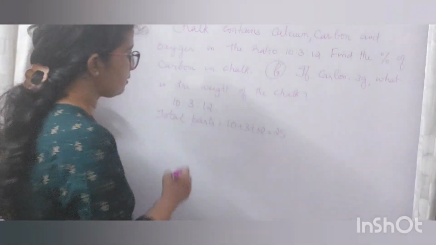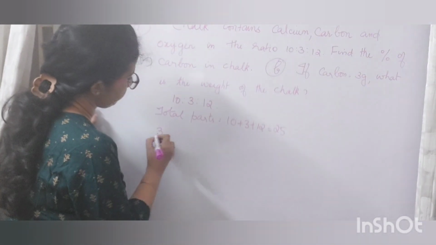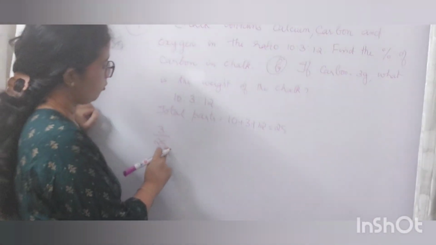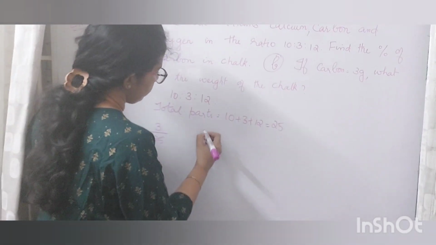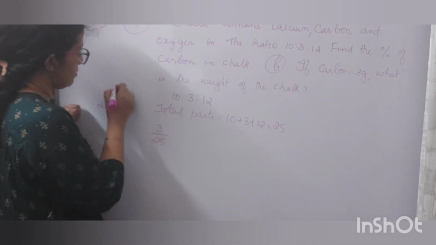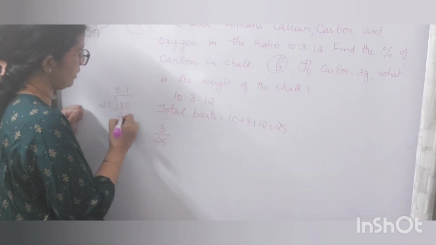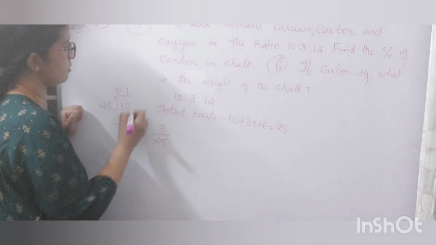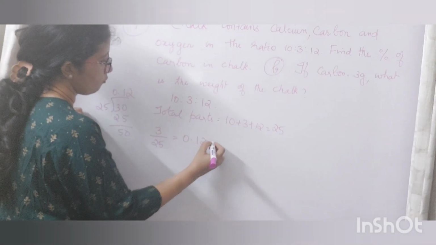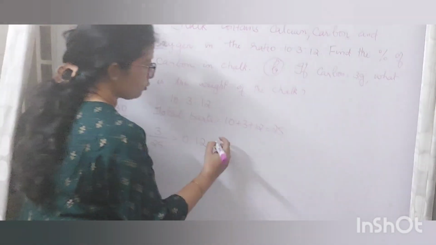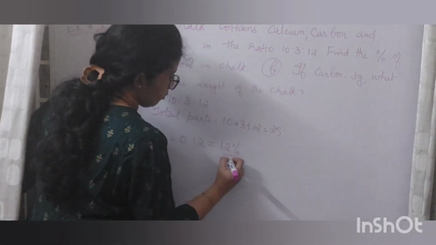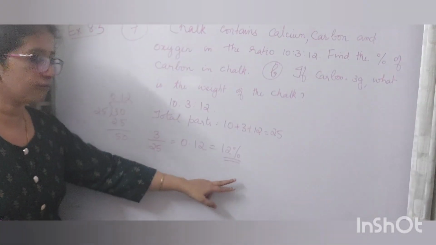So how do we find the percentage of the 3? 3 by 25, 3 out of 25 total parts. 3 out of 25 is what? 3 by 25 is 0.12, which is equivalent to 0.12 into 100, which is 12%. So 12% is the percentage of carbon.